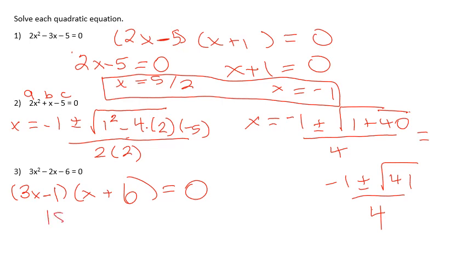So checking my outers and my inners, nope, not negative 2. Just erase that. Let's try flipping places with 6 and 1. Positive 3x minus 6x. Oh, that does not make negative 2. So this one also won't factor. So I'm going to have to use quadratic formula here also.